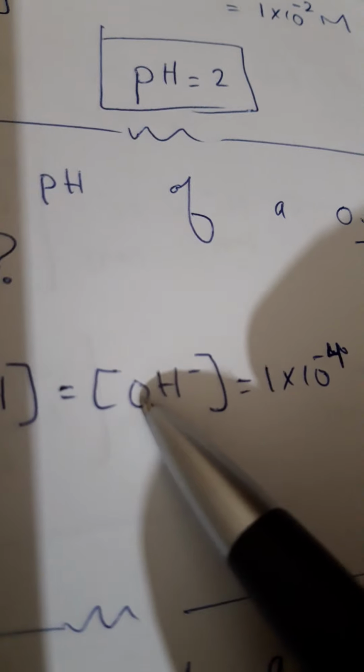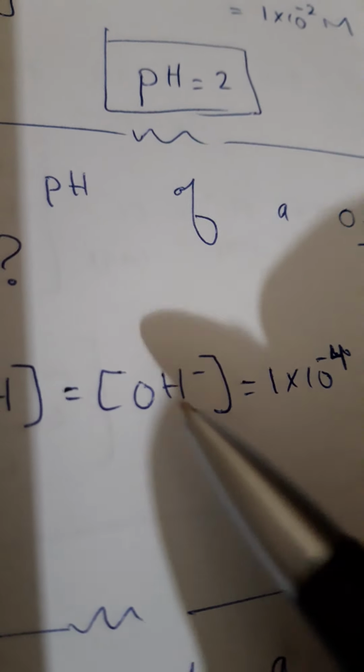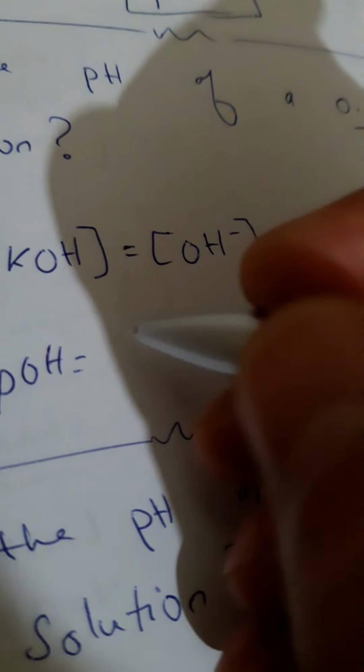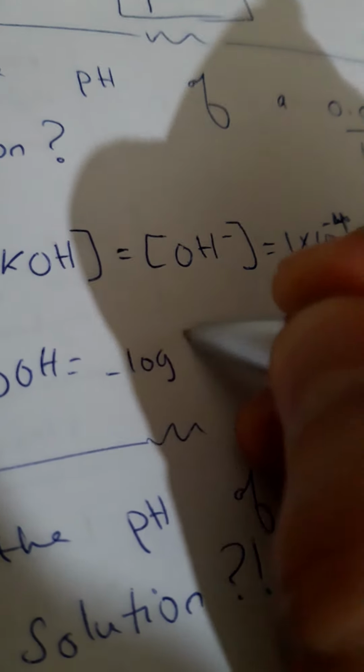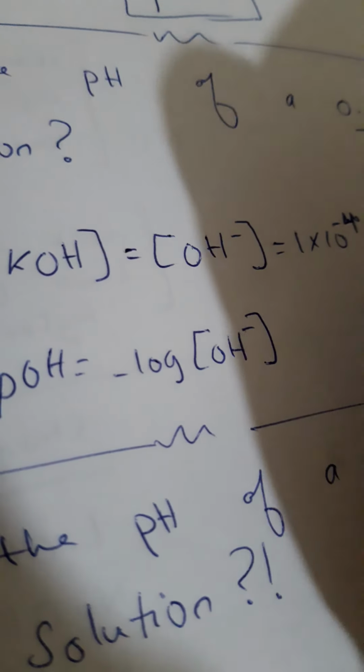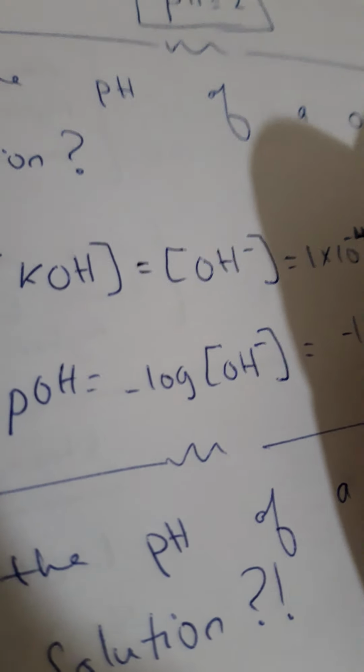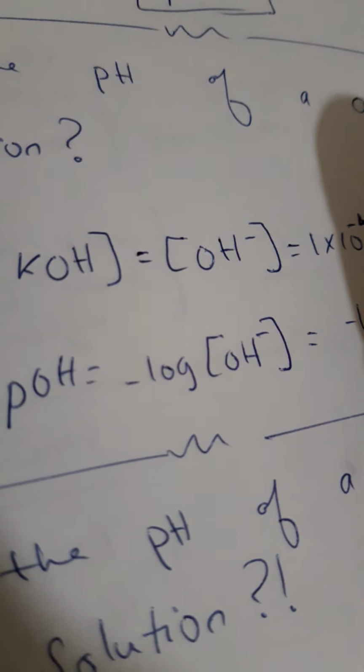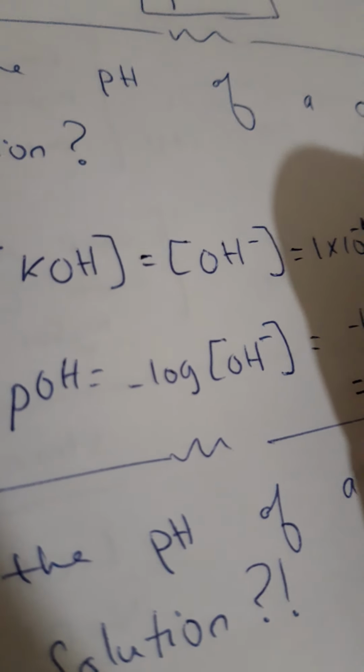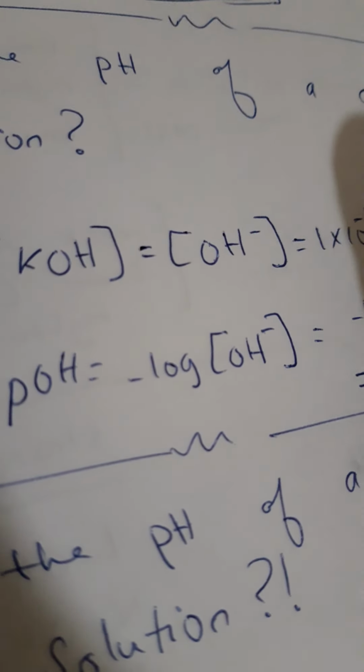Since we have concentration of hydroxide ion, we can find pOH, shabab. So pOH equals negative logarithm concentration of hydroxide ions, in this case negative logarithm 1 times 10 to the power of negative 4, which equals 4.